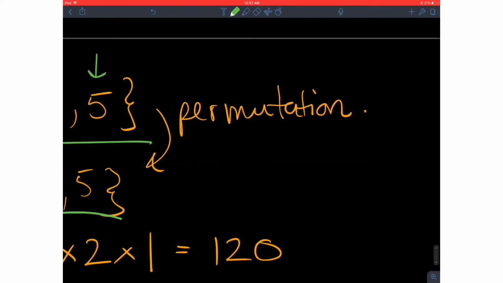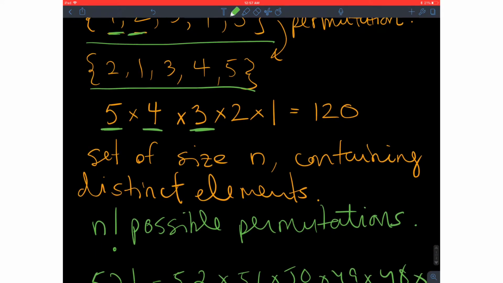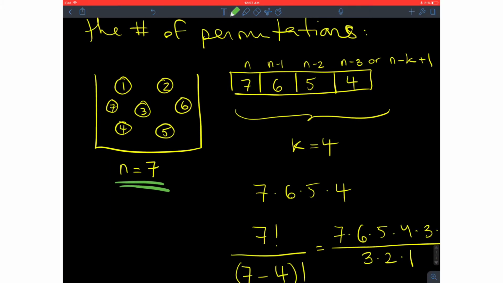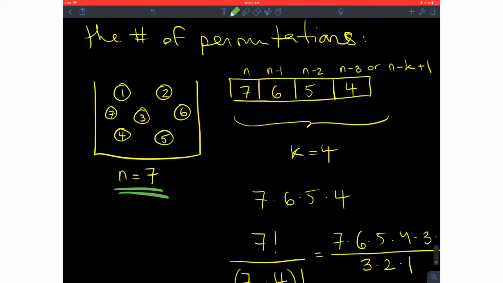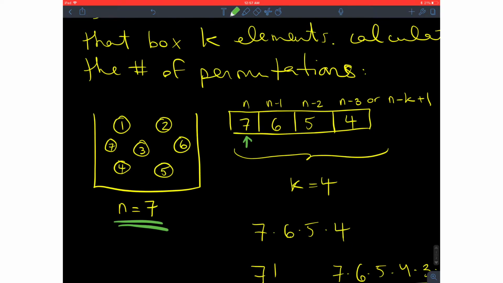So using the same kind of logic that we used here, the 5 times 4 times 3 times 2 times 1, we look at the number of possibilities we have for the first position. Well, there are 7, because there's 7 attendees at this party. Now that we've picked one, as let's say this was a raffle, and there's prizes.